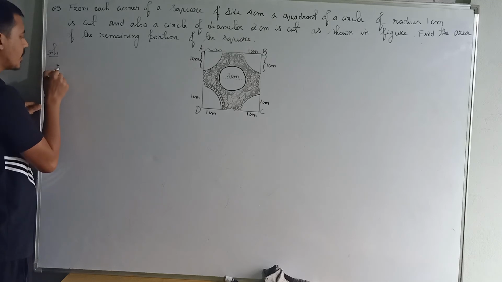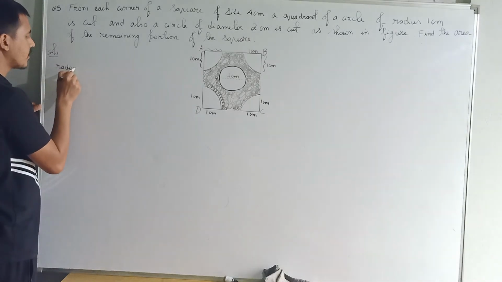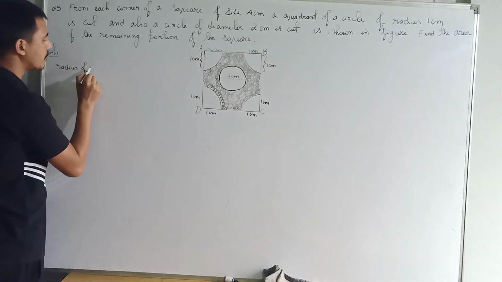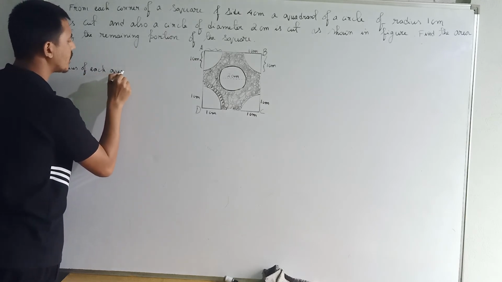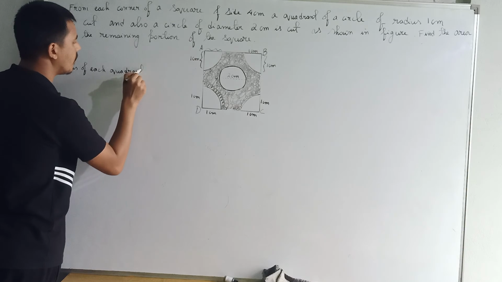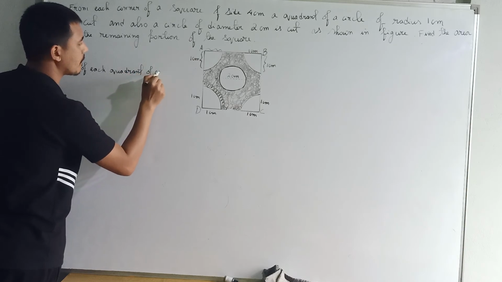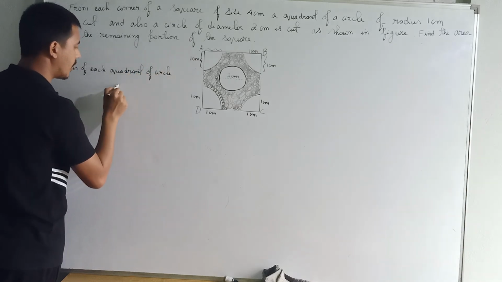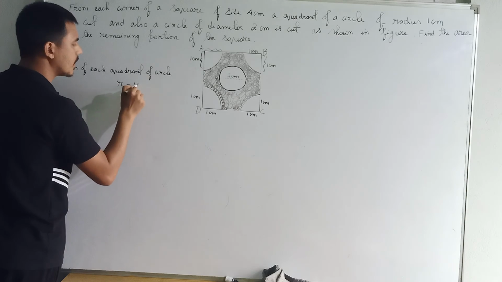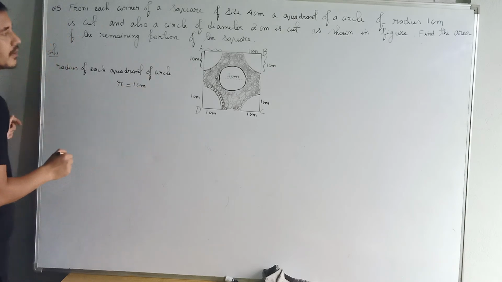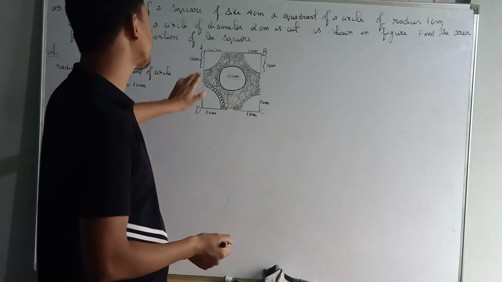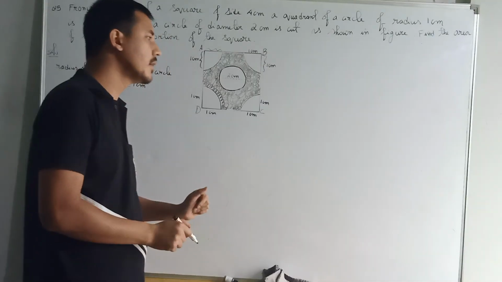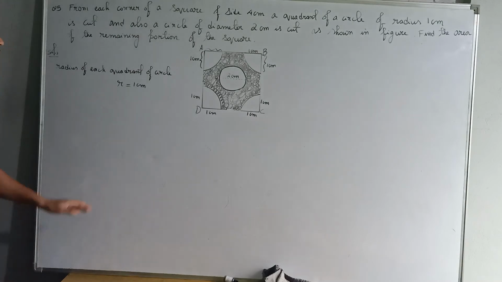The radius r of each quadrant of the circle is given to be 1 centimeter. So 4 quadrants of a circle have been cut off as shown in the figure, and the radius of each quadrant is 1 centimeter.